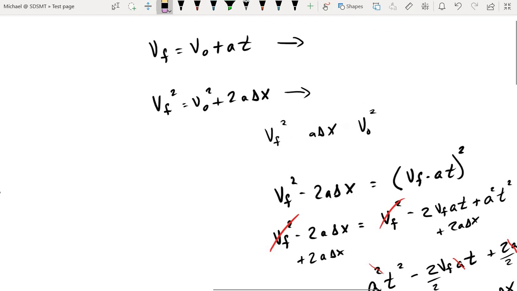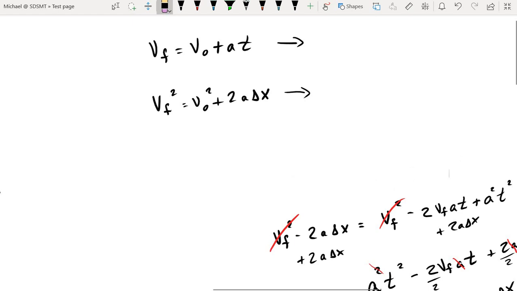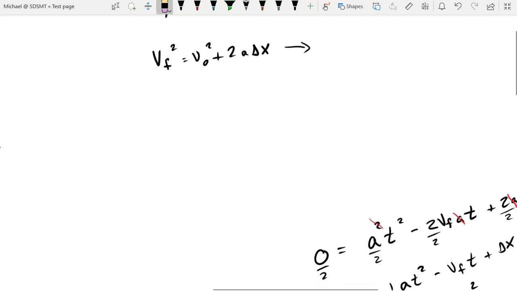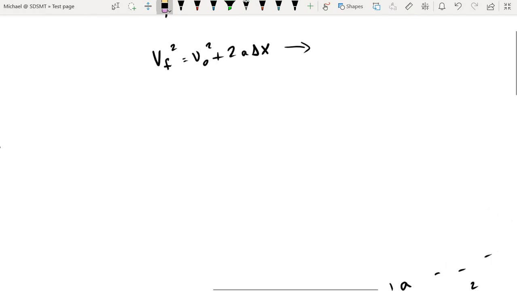And since we have these two equations already on the screen, we might as well make use of them and see if we can produce our fifth equation, which will exclude the acceleration. I'll make myself some room here by getting rid of some of this other work.